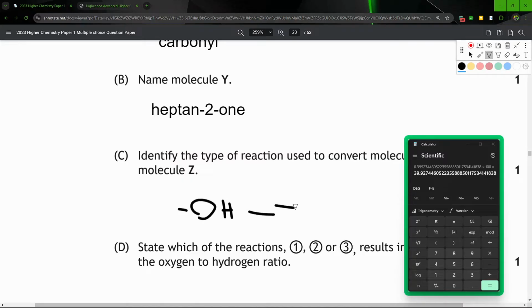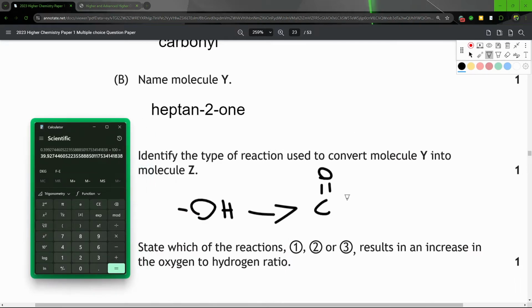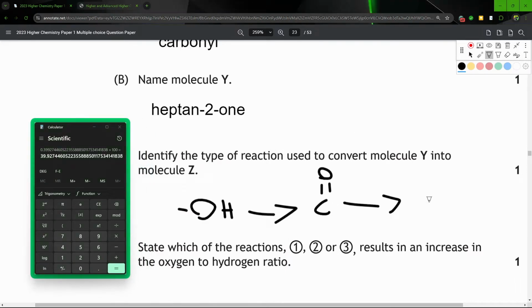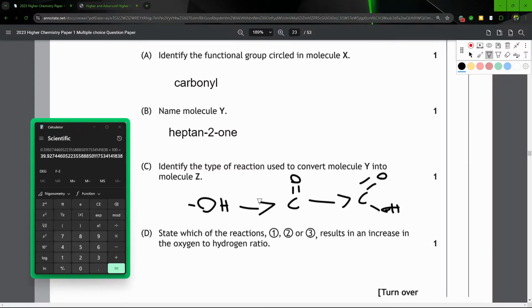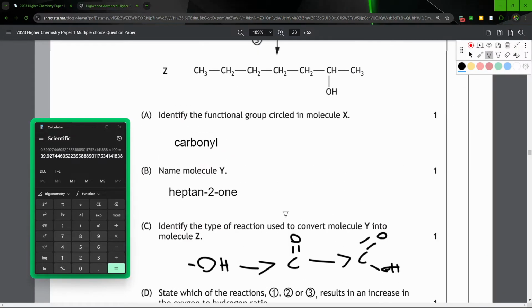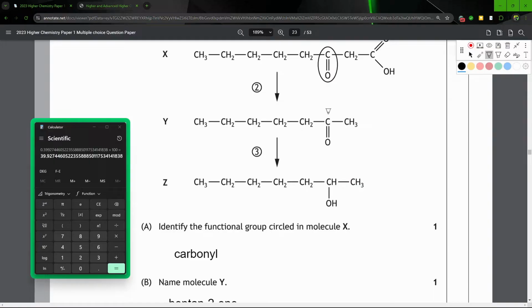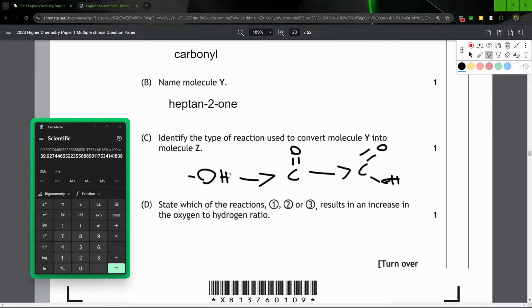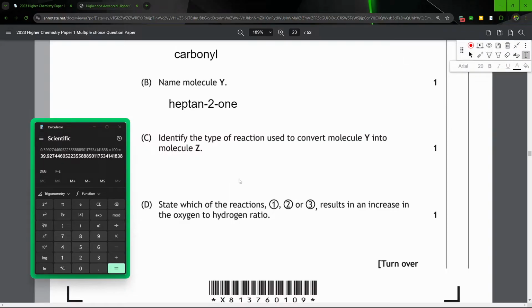If we oxidize it, we get a ketone or aldehyde, which I'll represent as a carbonyl group, and then if we oxidize further, we can get a carboxylic acid, which I'll represent as a carboxyl group. So this is oxidizing, but as you can clearly see here, we're going backwards. We're going from a carbonyl group to a hydroxyl group, which means it must be the opposite of oxidation, which is, say it with me now, reduction. Boom.